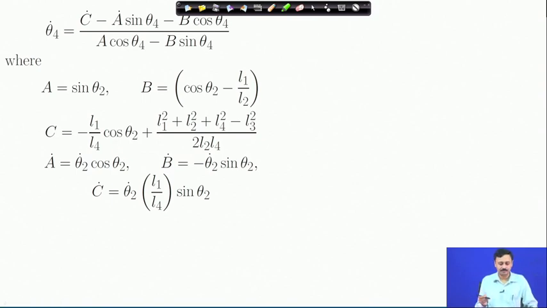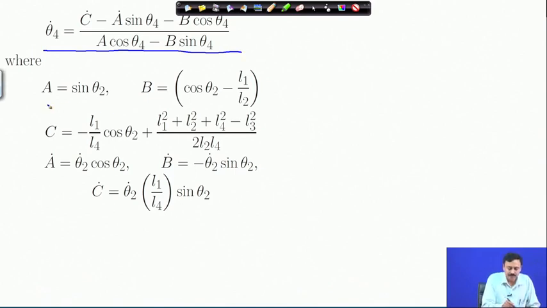So, here are the expressions. So, I have written out this relation that we just now derived again. Here A is sin theta 2, therefore, A dot is theta 2 dot cosine theta 2.